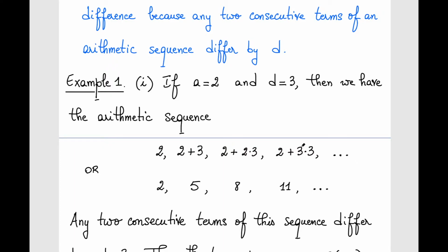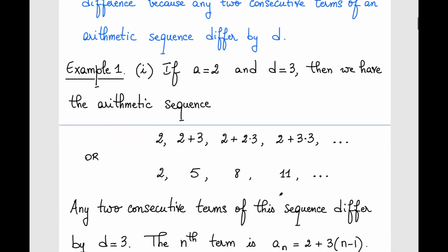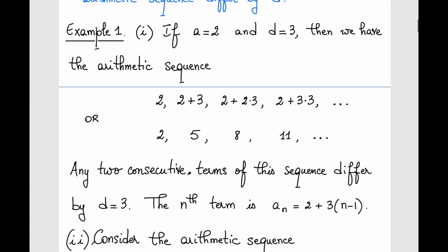And you add to 2 three times that common difference to get to the fourth term, and so on and so forth. So you are generating a sequence that looks like this: 2, 5, 8, 11, and so on. Any two consecutive terms of the sequence differ by this number 3, and the nth term is given by 2 plus n minus 1 times the d. So n minus 1 times 3, because d is 3 in this case. Okay.